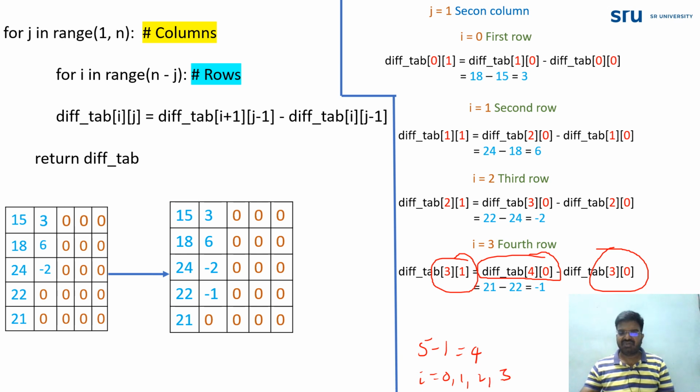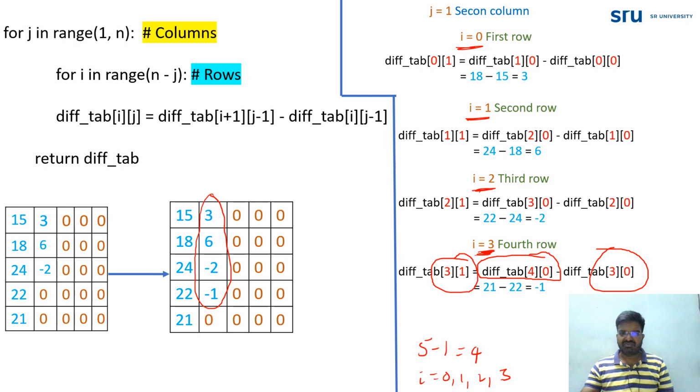Now you can see the inner for loop is already completed. i equal to 0, i equal to 1, i equal to 2 and i equal to 3. Okay, the inner for loop is completed. And you can also observe the table. The second column is filled with differences. Now we can go for the third column.